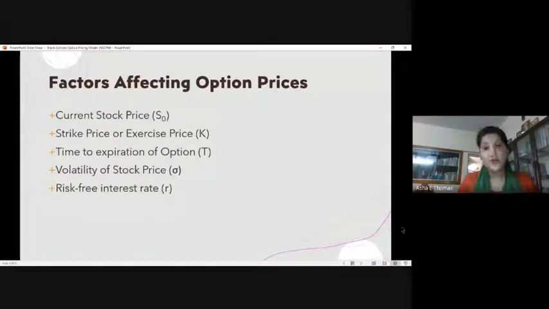Factors that are affecting the option prices include current stock price, that is the market price that is prevailing with respect to the underlying asset, and the strike price or the exercise price, which is determined based on the stock price as well as the time involved in holding this instrument. Also, the risk is automatically incorporated into that. Then the third thing is time to expiration of an option contract. It can be 1 month or 2 months or 3 months. Depending on that, option prices also will vary.